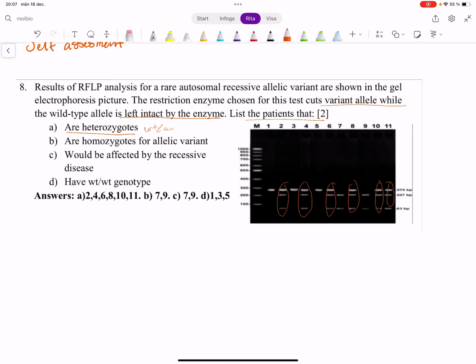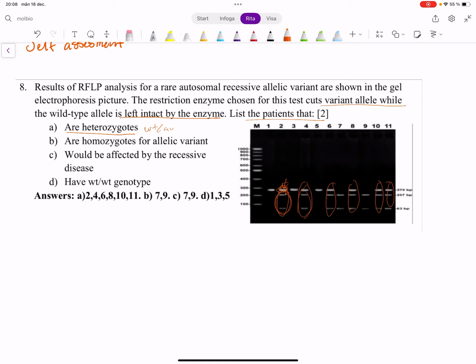So all of them would be wild type and allelic variant because we have one allele that has not been cut, and then one allele that has been cut, and the same thing goes for all of them.